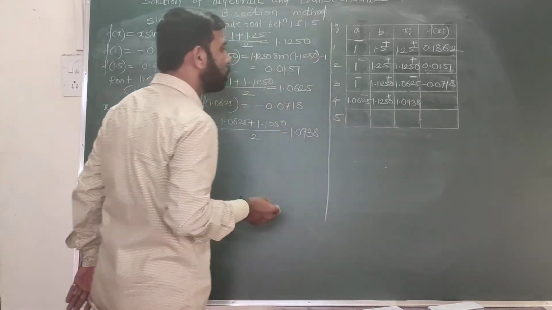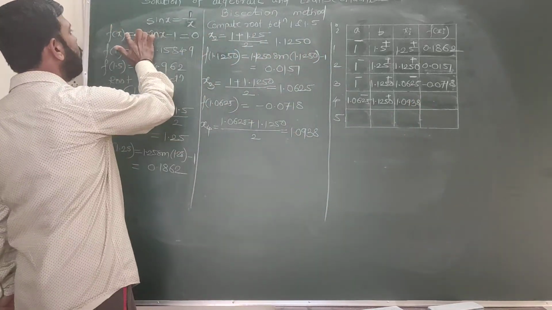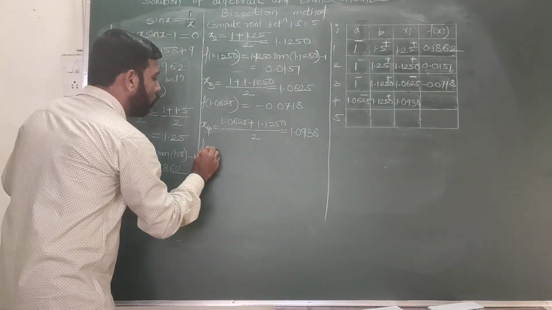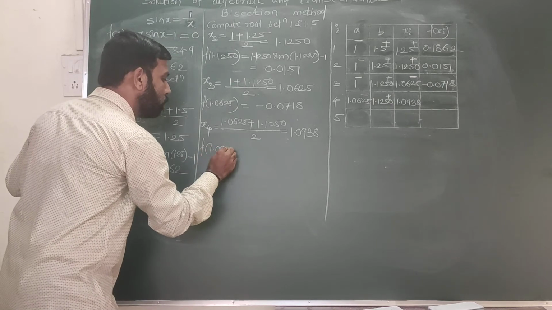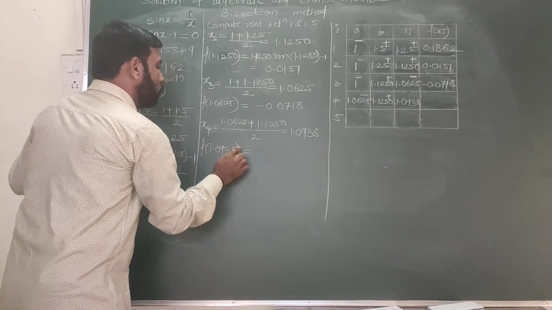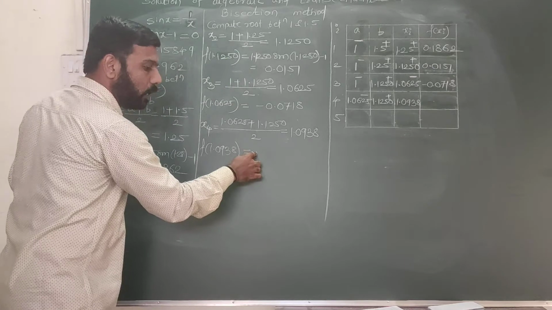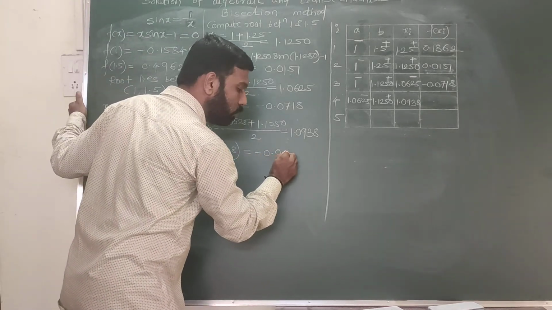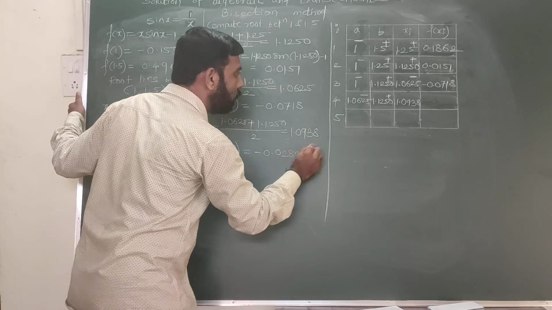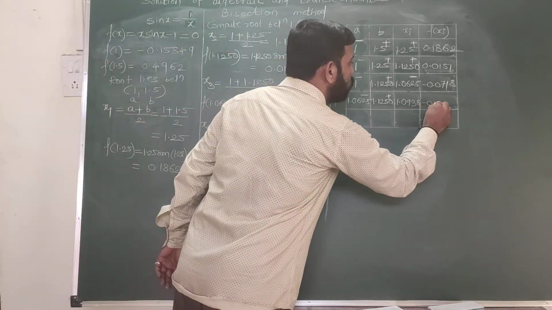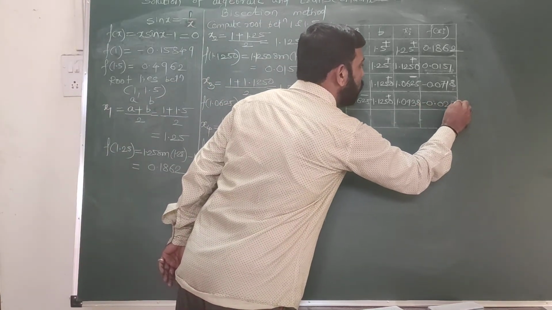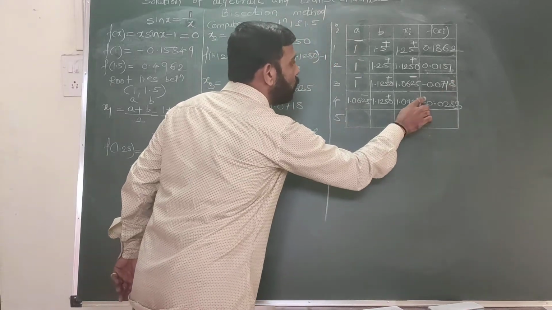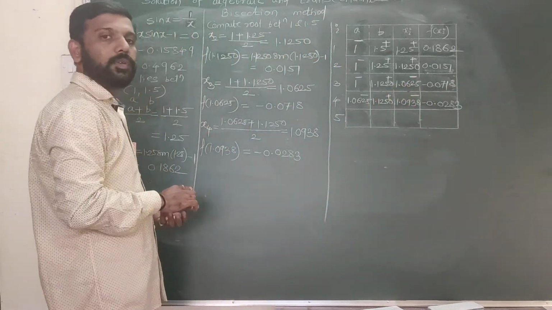Substitute this value again in the polynomial, and after calculating we get minus 0.0283. That minus we put at the top as a symbol.